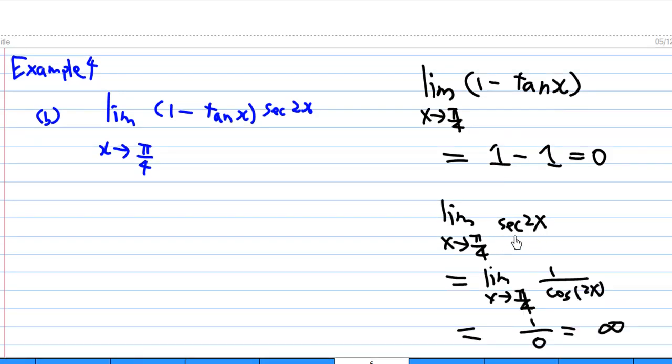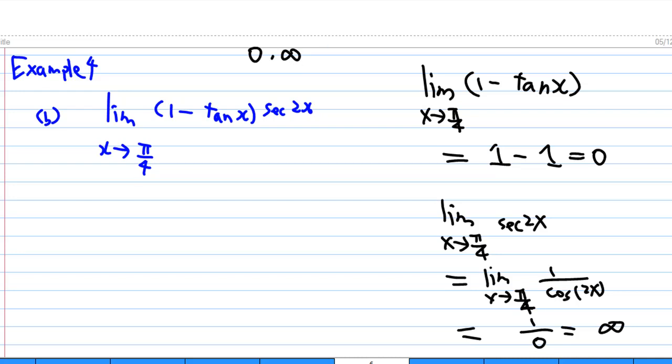In fact, cosine 2x will approach 0, so it could be less than 0, could be more than 0. So the limit could be plus or minus infinity. So this is a situation where you have a 0 times infinity case.